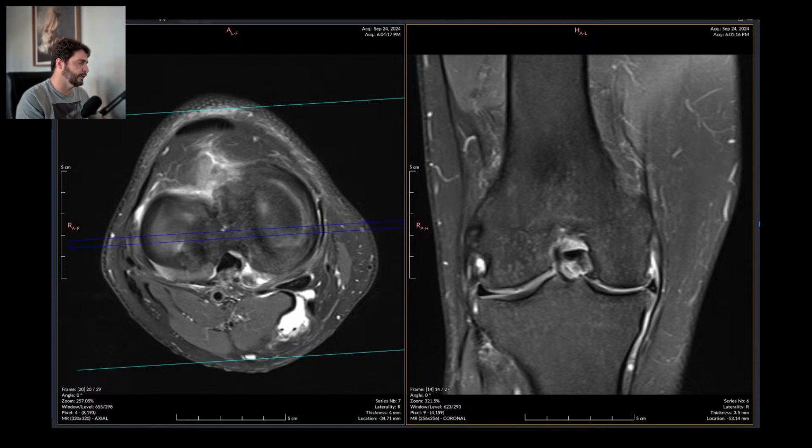Synovitis, Baker cyst, and free bodies, which are those calcifications we just saw. Partial anterior cruciate ligament tear. And edema. And this is more than enough.